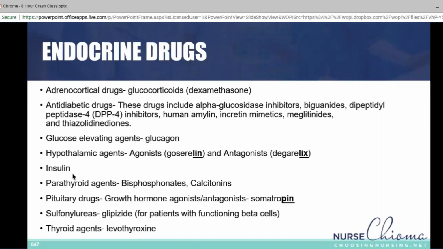So with sulfonylureas or glyphosate, we're going to give it to patients who have type 2 diabetes.